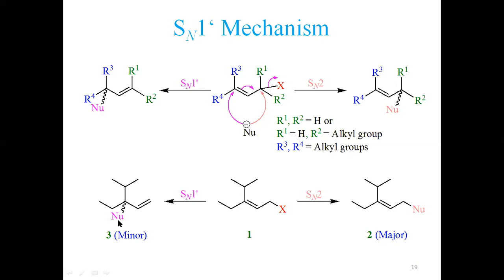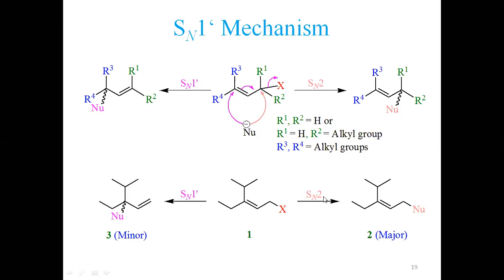But in this case, this carbon's pi electronic density can be transferred there, and this carbon becoming electron deficient can react with the nucleophile. So this generates an entirely different type of product. One of them is major, the other is minor.